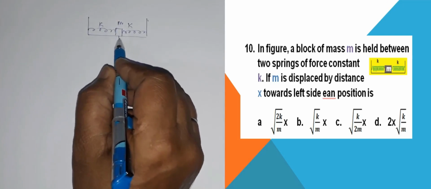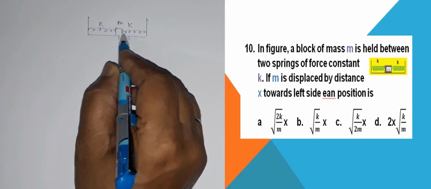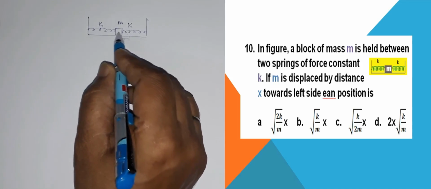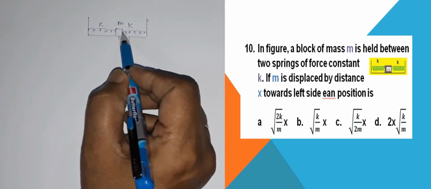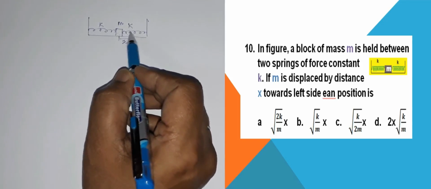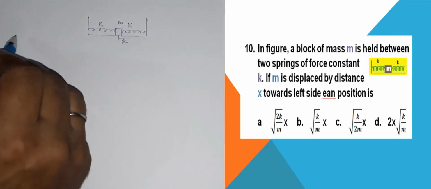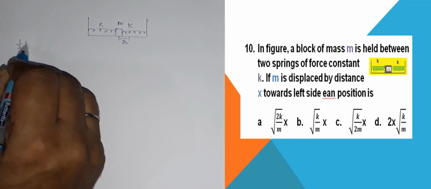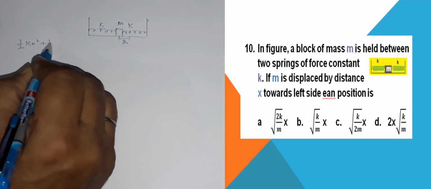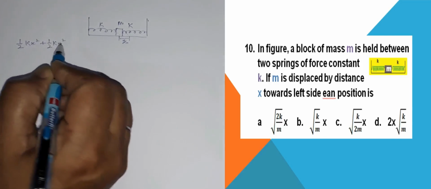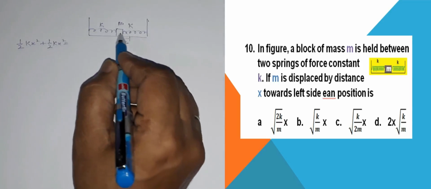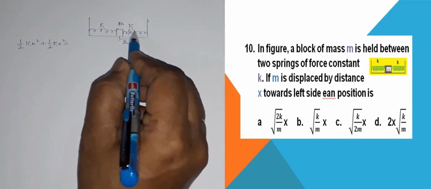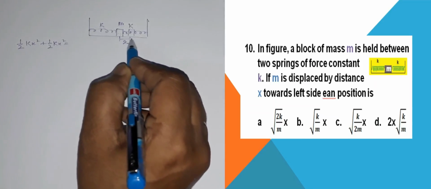Now if it is moved to one side such that it compresses the spring by distance x, that means energy is stored in this spring as well as in this spring. That means total energy stored here is half kx square plus half kx square, and as it comes to it, that means it is taken here by distance x.